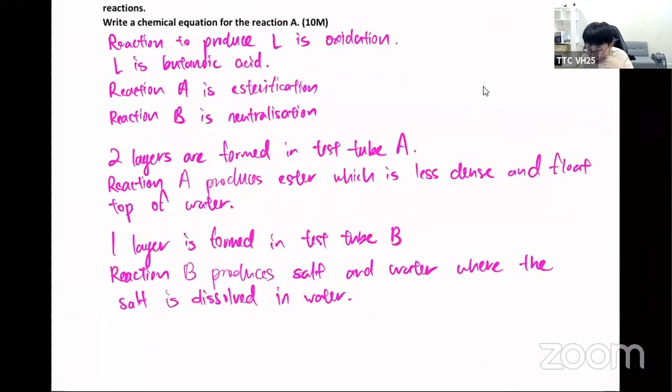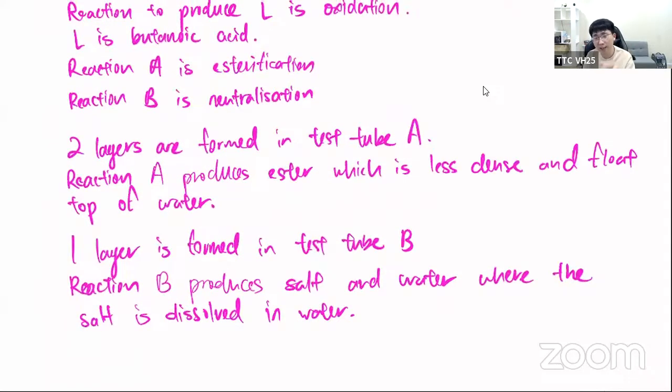And they want the chemical equation for A. I would say these 10 marks are the hardest marks to get, the equation. What is the butanol and butanoic acid formula? So but- is how many C? 4C, correct.